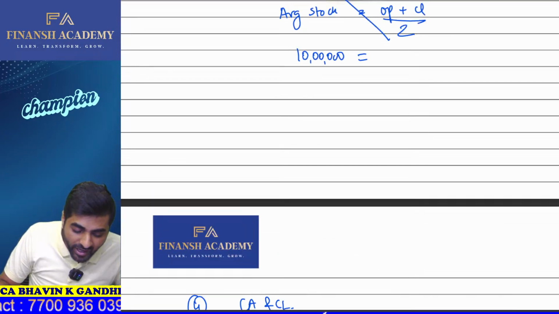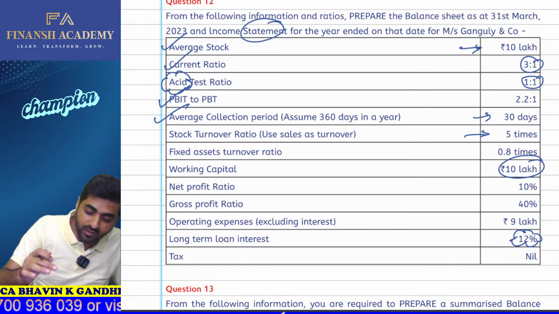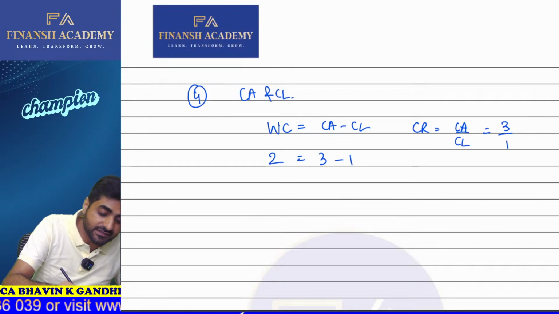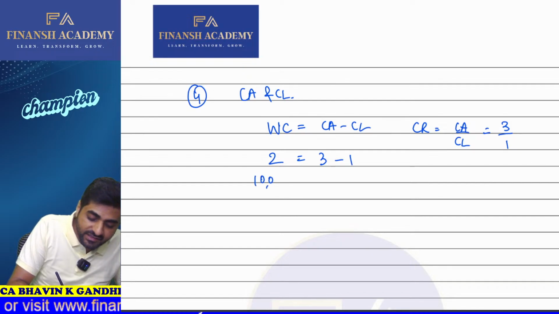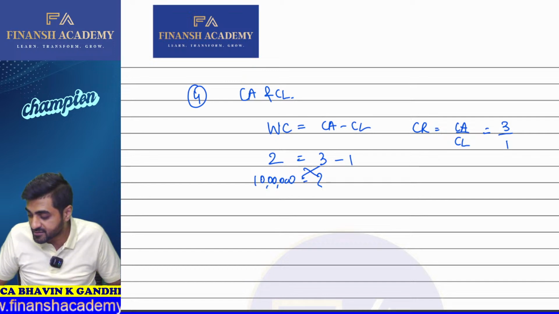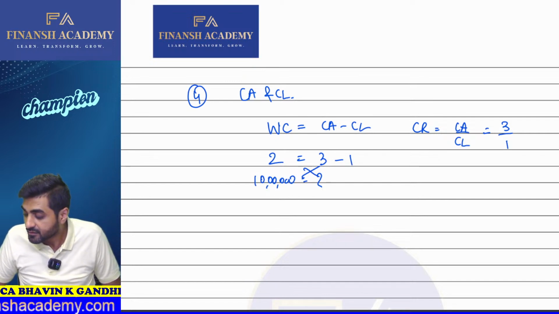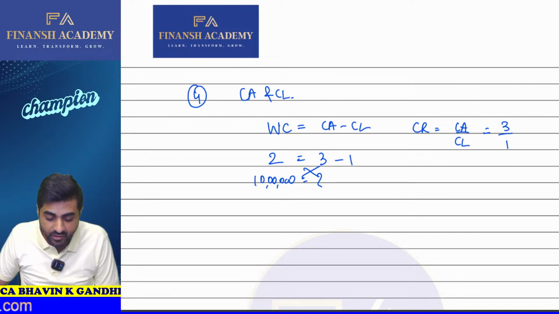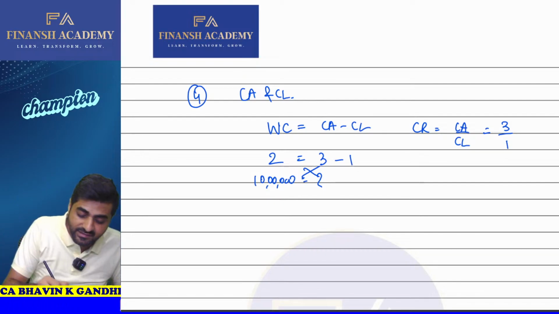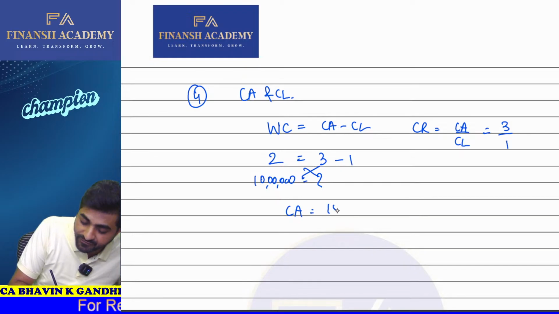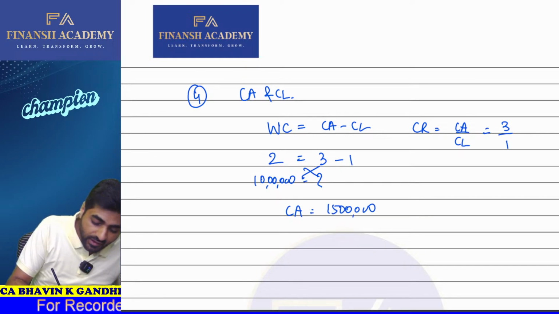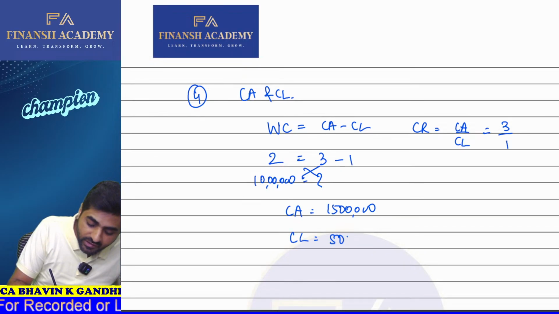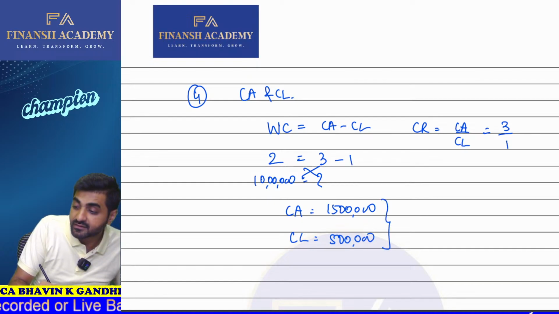Do I have the amount of the working capital? Yes, sir. That is 10 lakhs. So can I find out my current assets total? Yes, sir. That is 10 lakh into 3, divide that by 2. So my current assets total is coming as 15 lakhs, and my current liability total is coming as 5 lakhs.